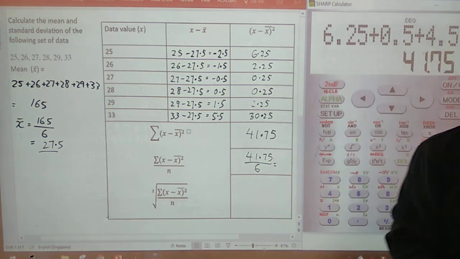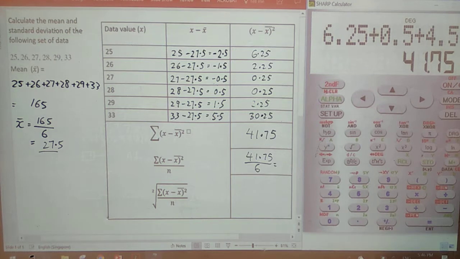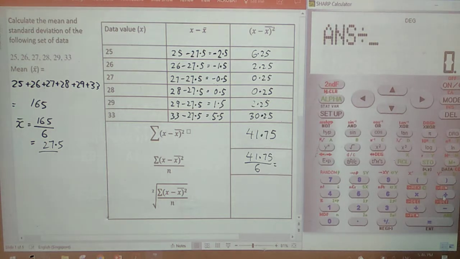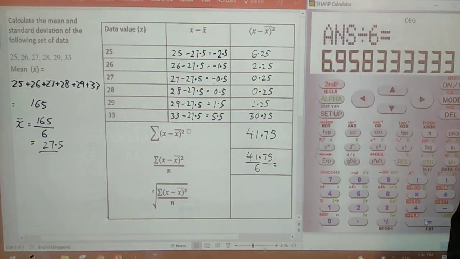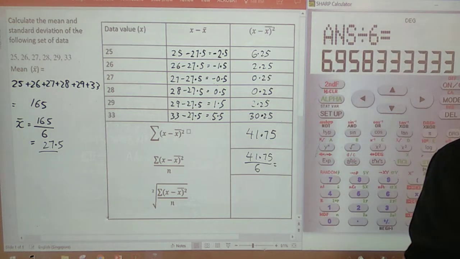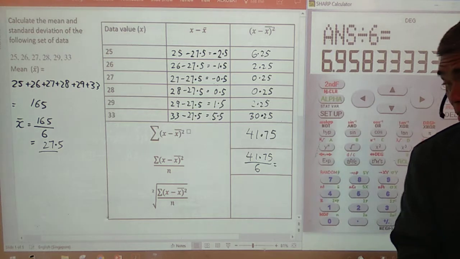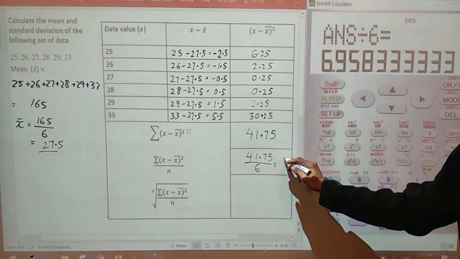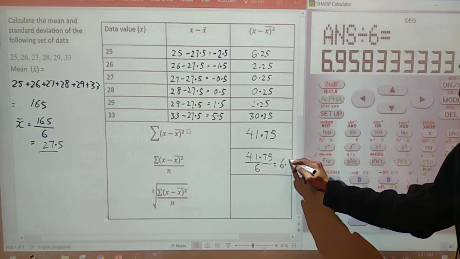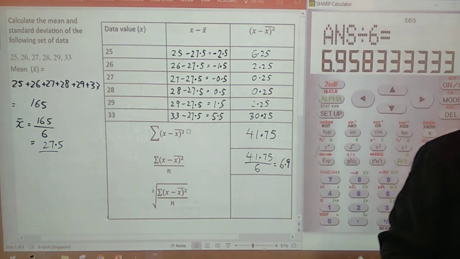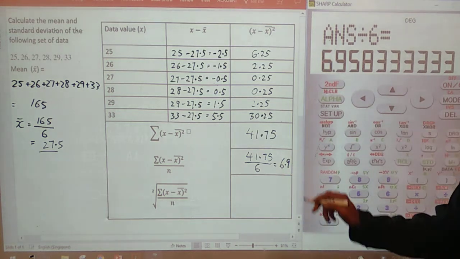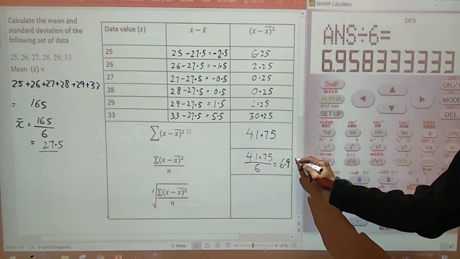That equals 6.958. I'm going to round it up to 6.96.